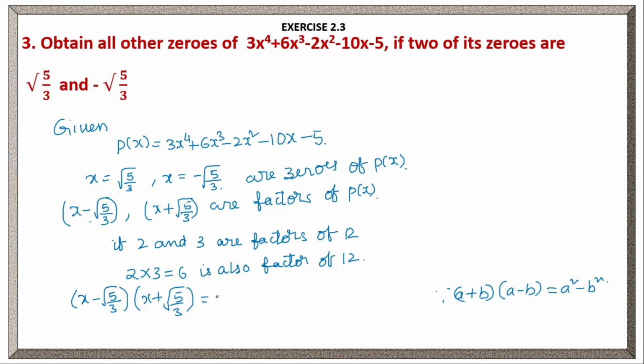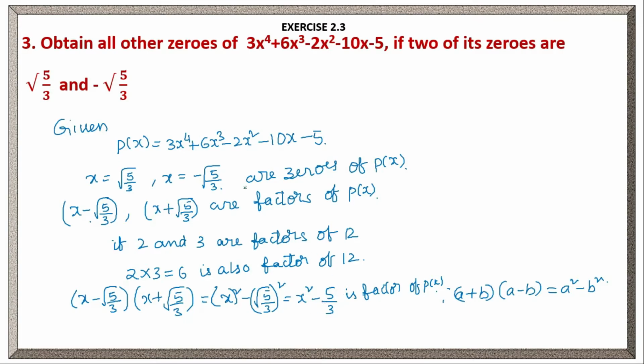So we can write this as x square minus root 5 by 3 whole square, which will become x square minus 5 by 3. It will become a factor of p of x. Clear?